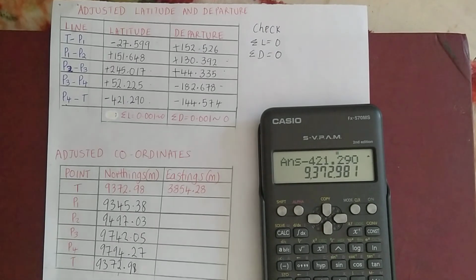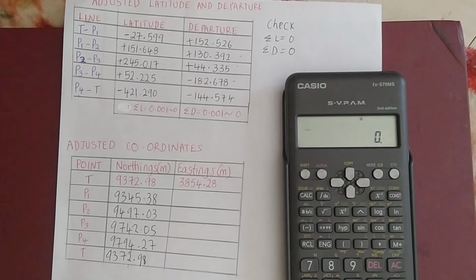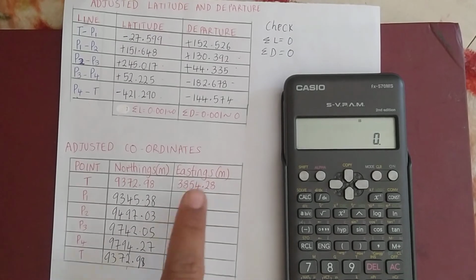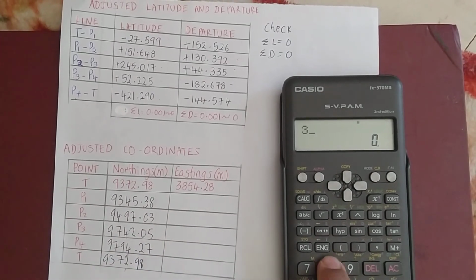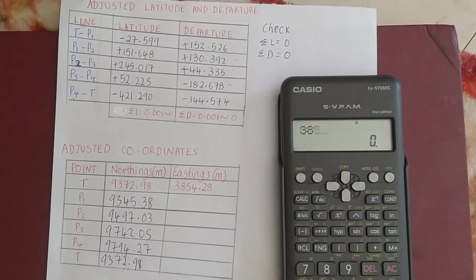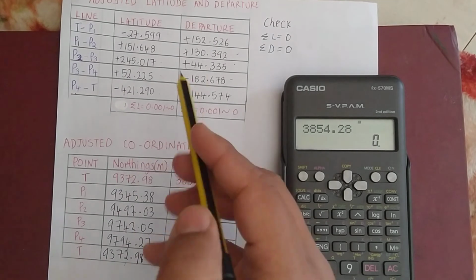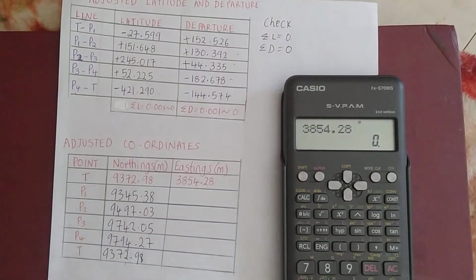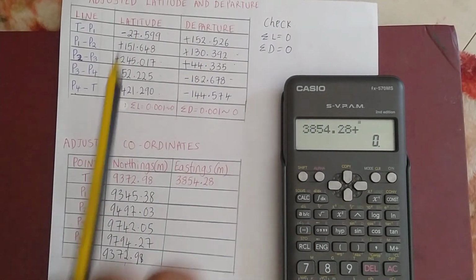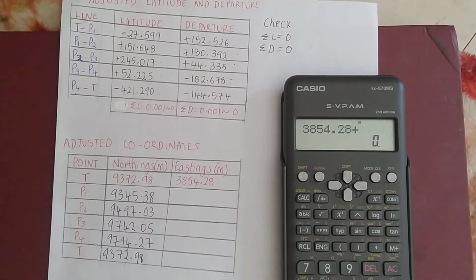So for the eastings, I'll take the eastings that were given in the question, that was 3854.28, the point T, and then I'll add the corrected departure, which is 152.526.